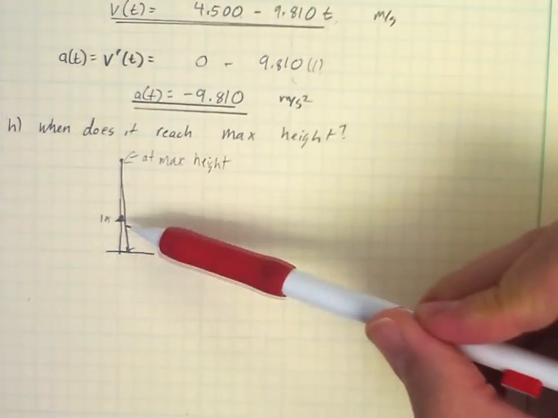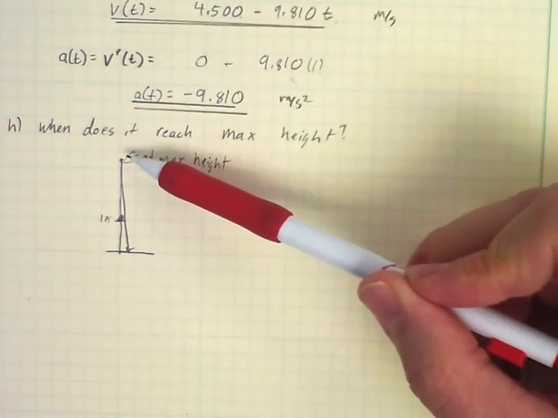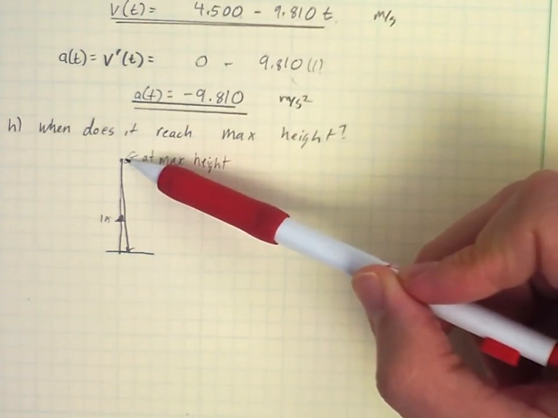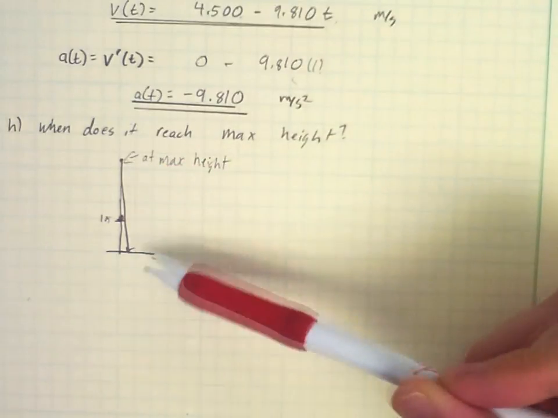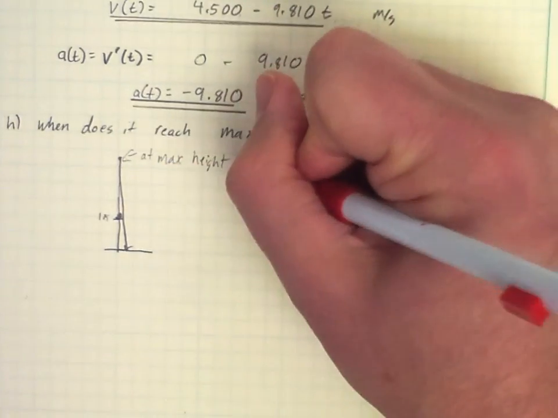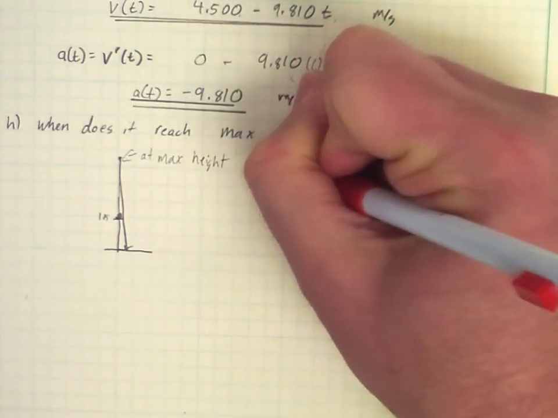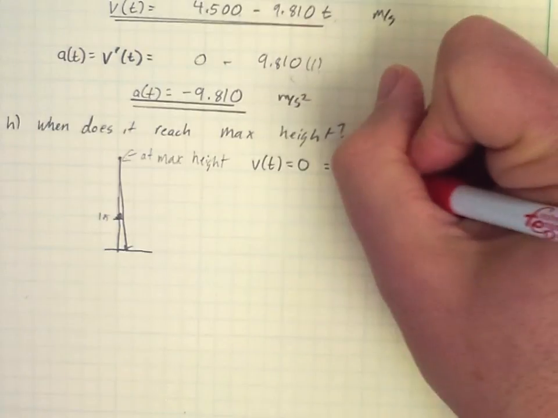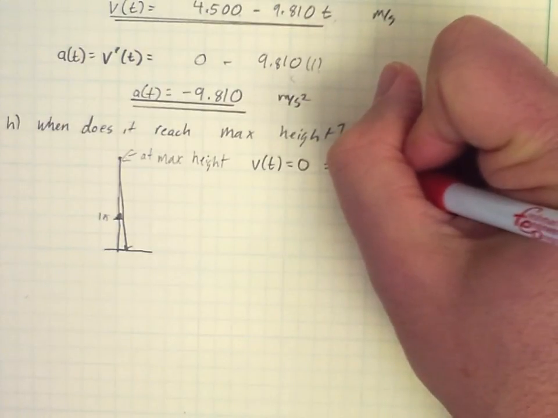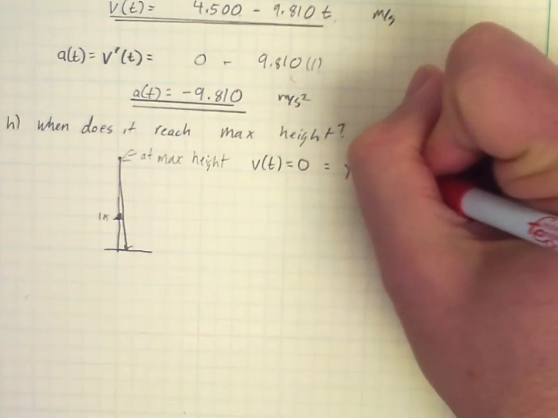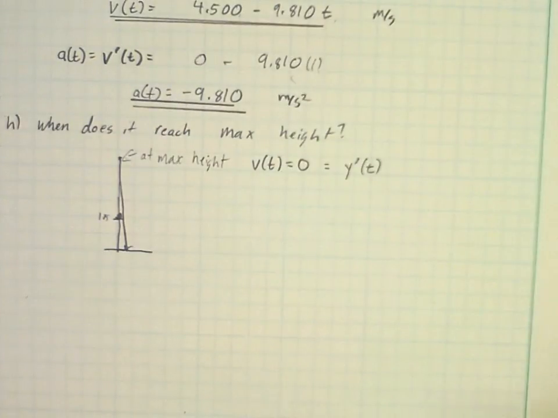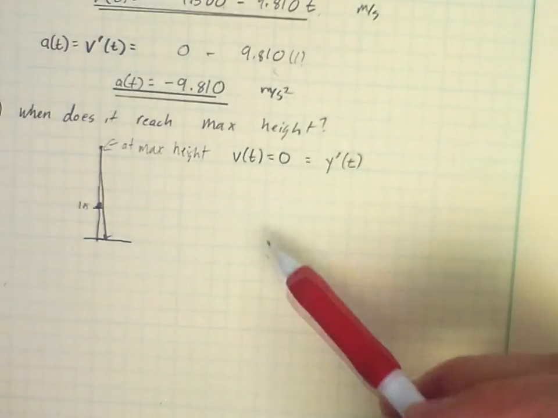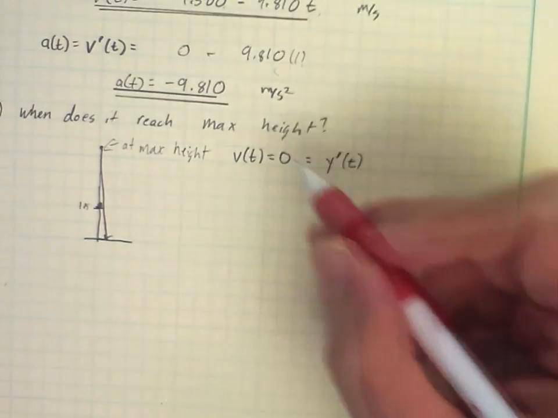Well, at the maximum height, gravity has slowed it down enough until it gets to 0, and then after that instant, the velocity goes negative. So at max height, v of t has to equal 0. Or the other way of saying that is that the derivative of our height with respect to time equals 0. So if we know that's the case, then we can just plug that in and figure it out.